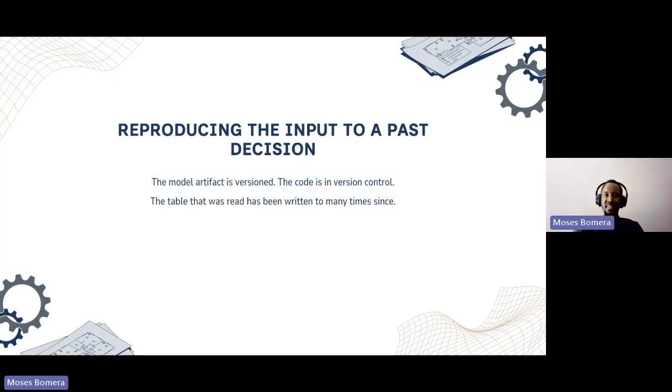So the code will define the training pipelines for a certain, say, objective. We have a data set, and we're trying to produce a model. So a lakehouse gives you a close enough feature of version control for your data.